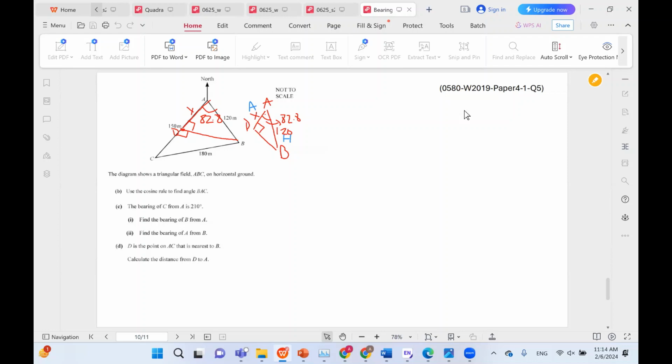Cosine 82.8 is equal to adjacent, which is X, over hypotenuse, which is 120. We can cross multiply. We get 120 cosine 82.8 equals X. So 120 cosine 82.8 gives us 15.03. So we can just approximate and we say X equals 15.